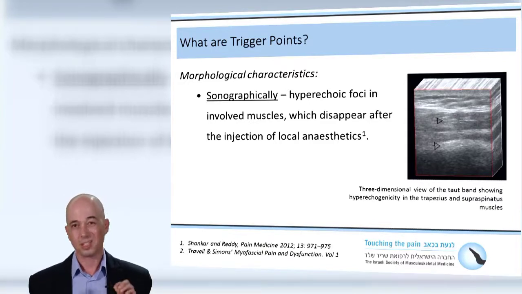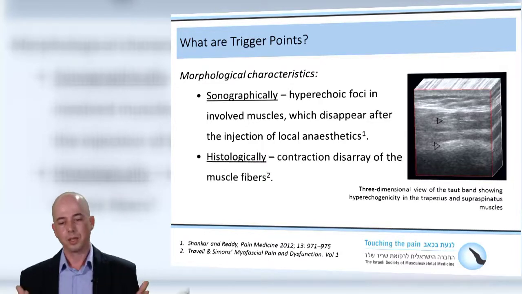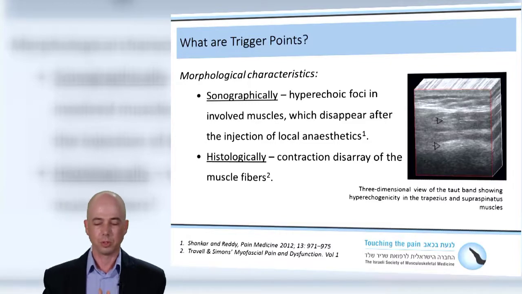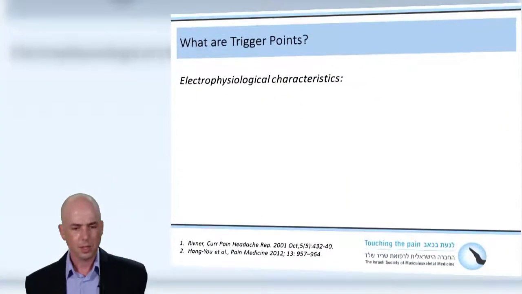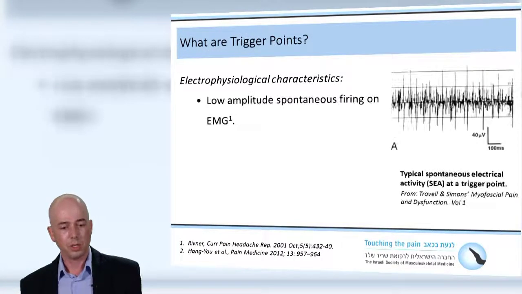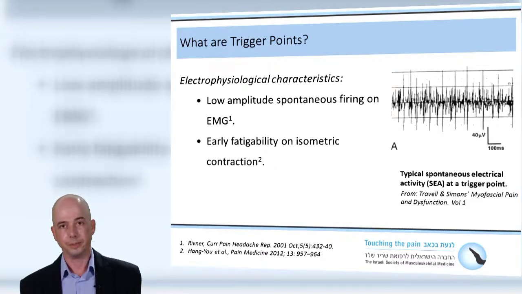So we think that these are actually trigger points. And histologically, what we see there is a disarray of the muscle fibers, which are basically messy muscle fibers. Electrophysiologically, trigger points show spontaneous firing and early fatigability of these involved muscles.